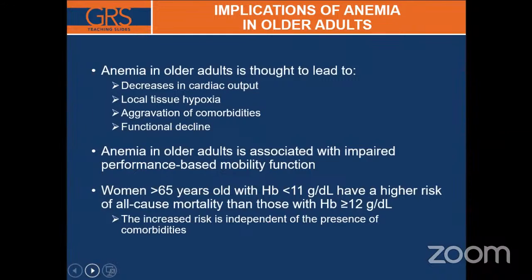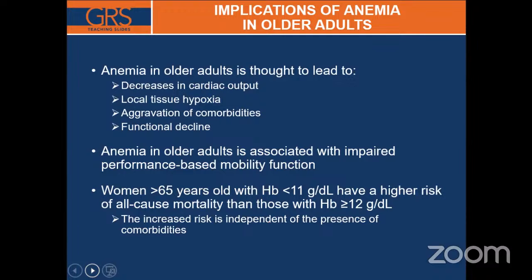In fact, studies have shown that women over 65 with hemoglobin level below 11 grams per deciliter have a higher risk of all-cause mortality compared to those with the level above 12 grams per deciliter. And this risk persists independently of comorbidities.